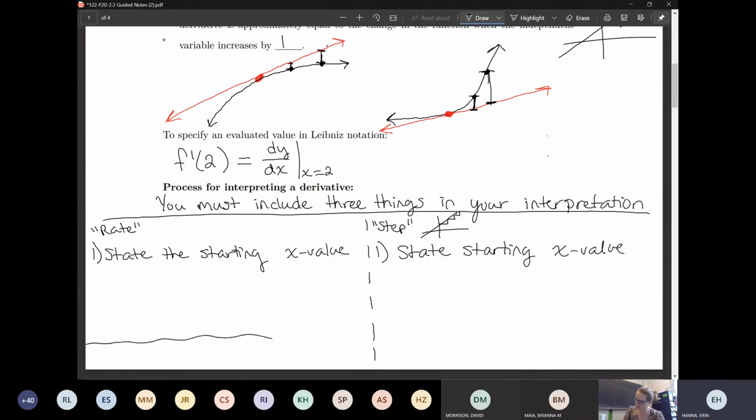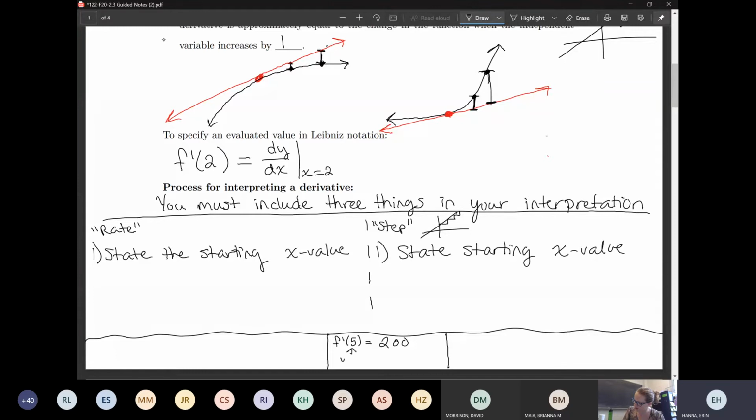So let me try to do a mini example down here along the way. Say I have f prime of 5 being 200, where this is a year and this is a change in population, and say it's in years since 2010.